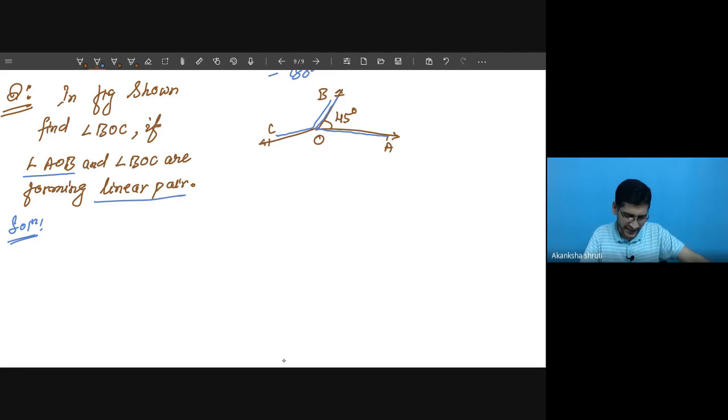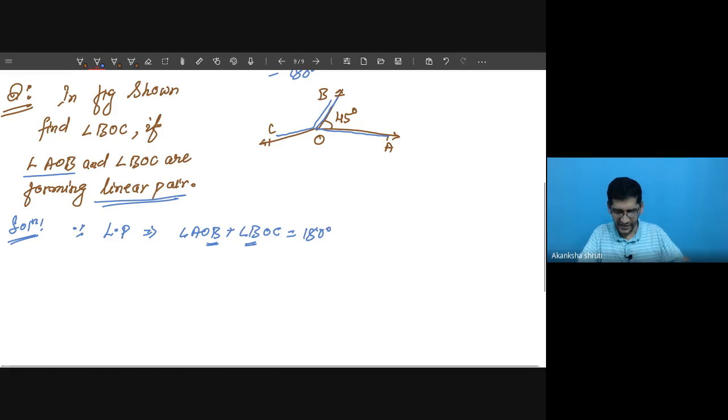So this linear pair simply means, since it is given that it is a linear pair, angle AOB plus angle BOC, B must be common, then only it will form a linear pair, is 180 degree.